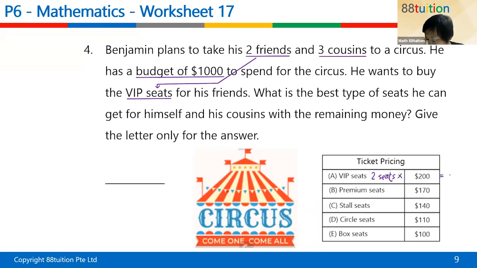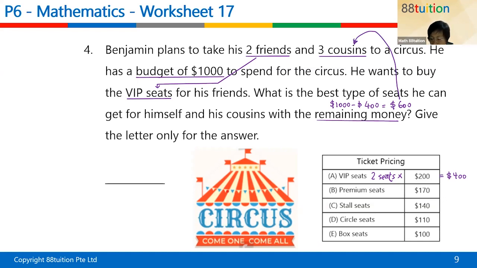So that means to say for the friends, he will have already spent $400. And with the remaining money, which is 1,000, he minus 400, and he gets remaining $600. And he has how many cousins to share this? Oh, he has 3 cousins and he wants to get the best for him.